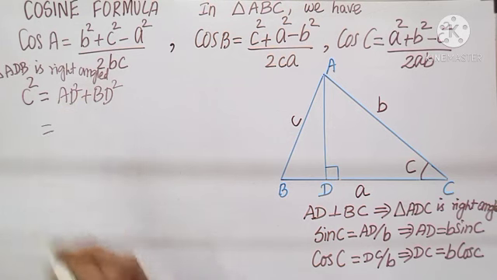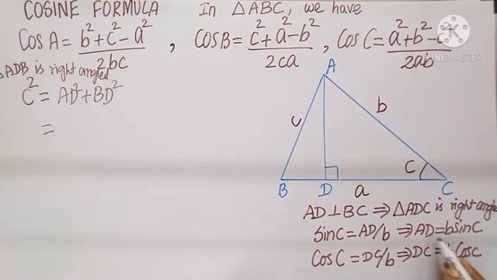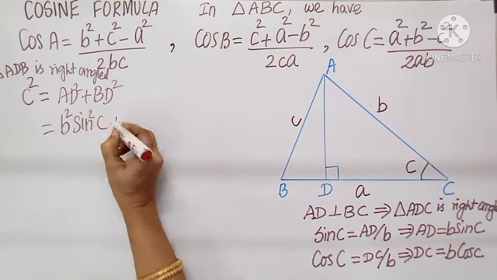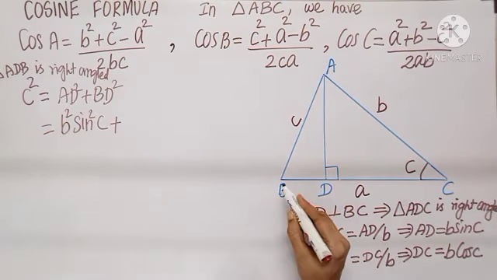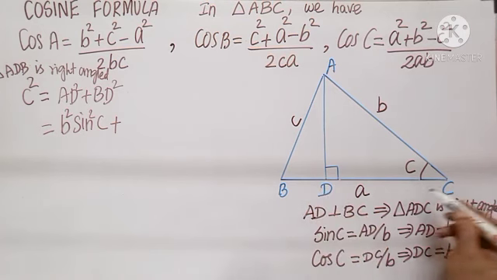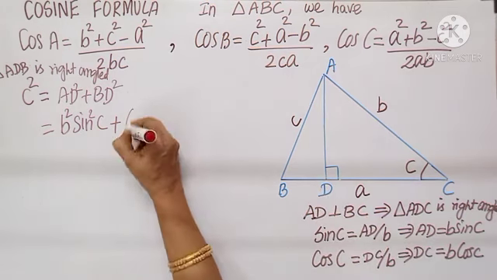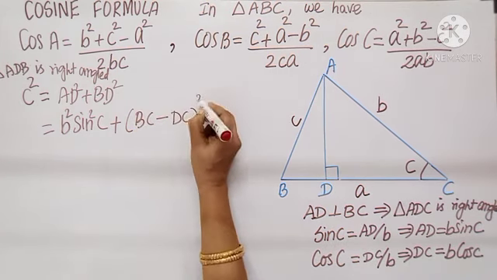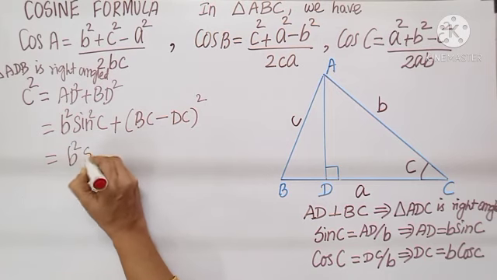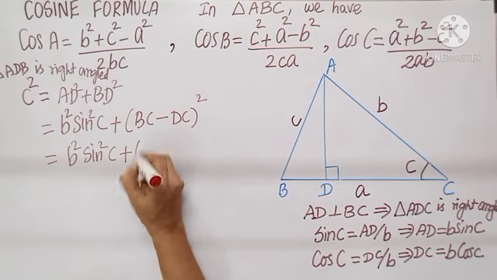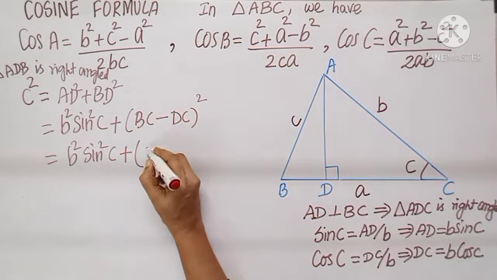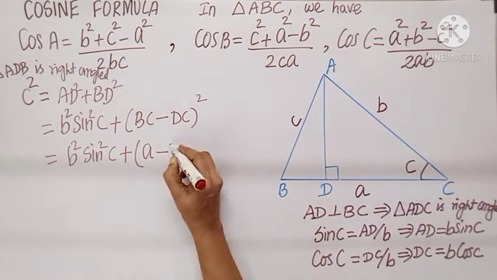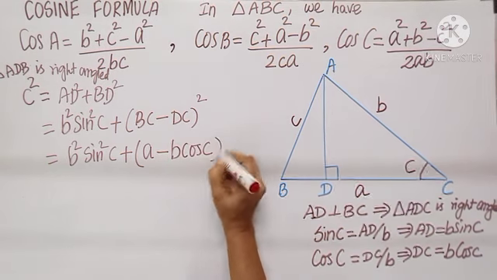AD square, from here, is b square sin square C. What is BD square? The entire length BC minus DC, the whole square. BC is the side against A, so I will write a. And DC we got here, it is b cos C, the whole square.